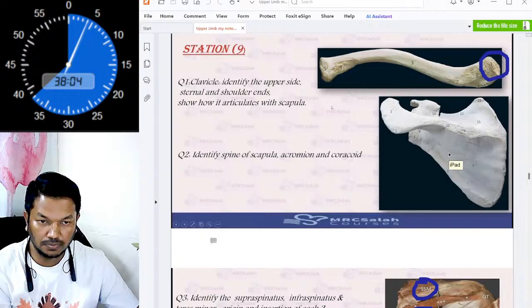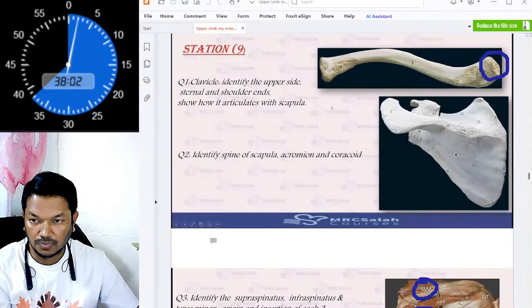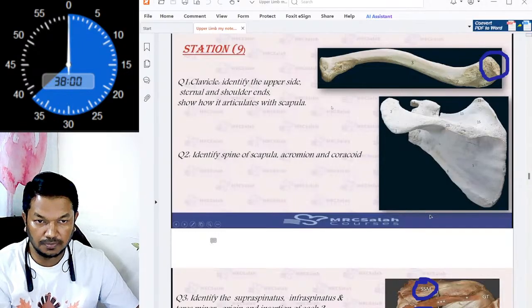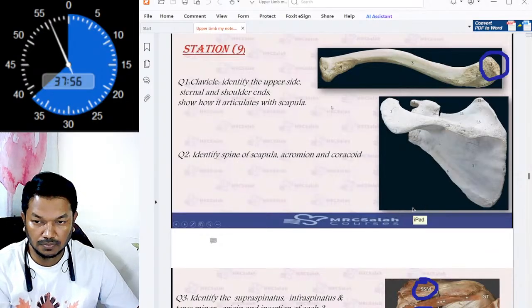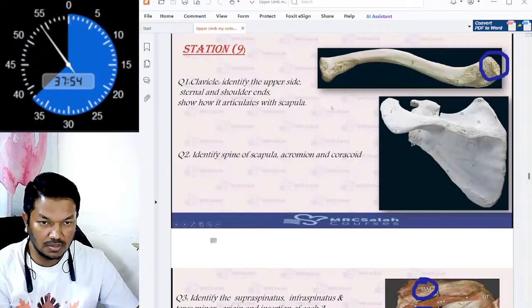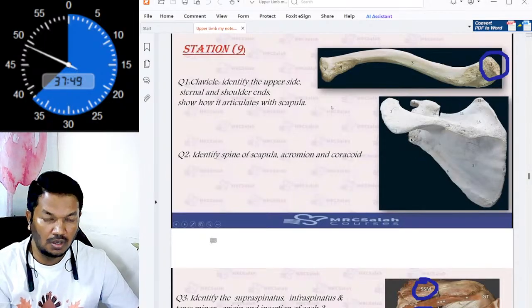Supraspinatus fossa. Number 7 is the infraglenoid tubercle.